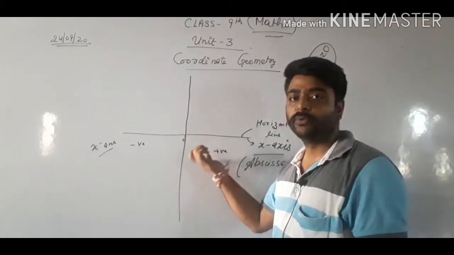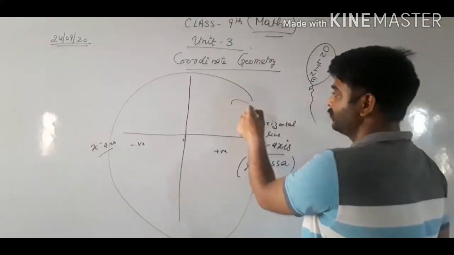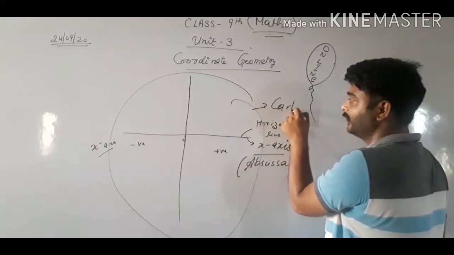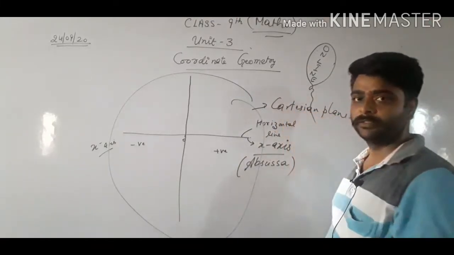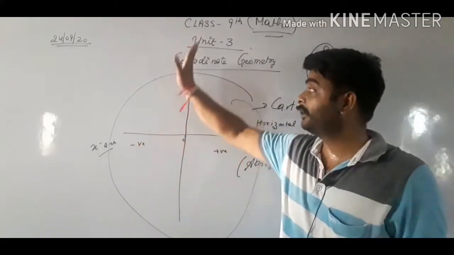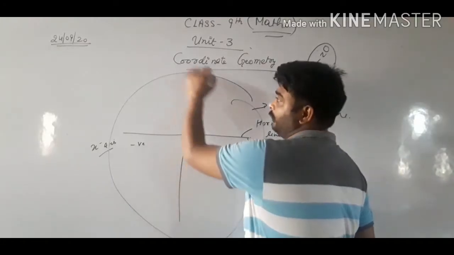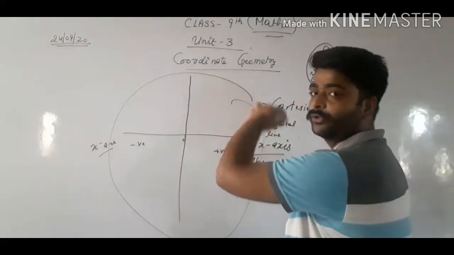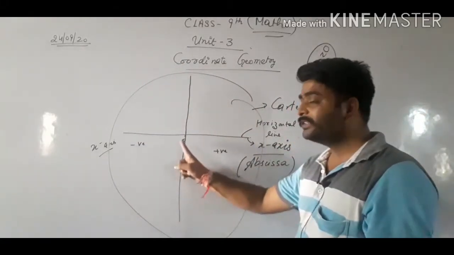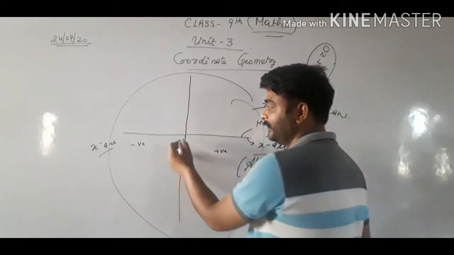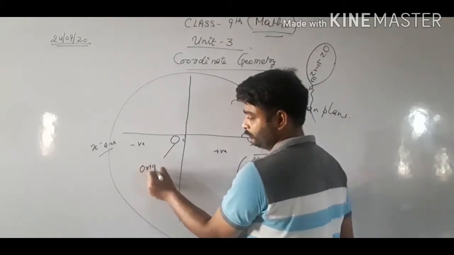Then this is considered a Cartesian plane. If a horizontal line and a vertical line intersect each other at a point O, that particular plane is known as the Cartesian plane. And the point where they intersect is named the origin.